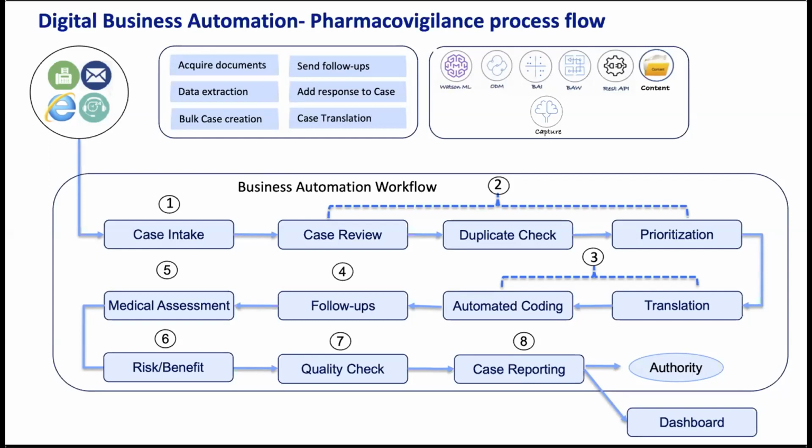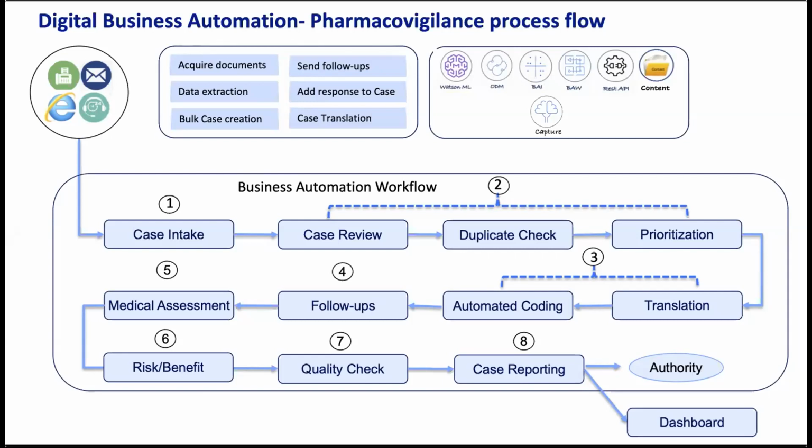After that, we have your follow-ups, automated coding, translation, the risk benefit analysis, the quality check, and case reporting. In this demo, we are not trying to solve every aspect of it. We are just showing the art of the possible, and we're trying to cover some aspects of all these steps that are involved in any pharmacovigilance.